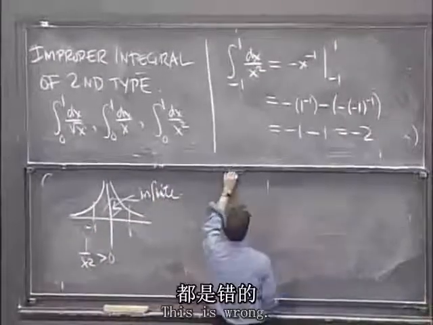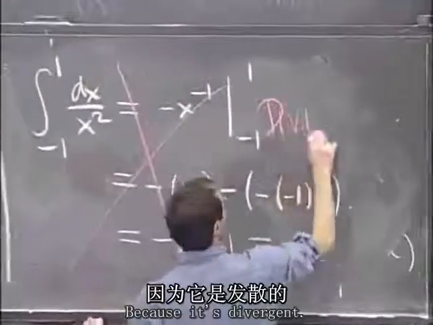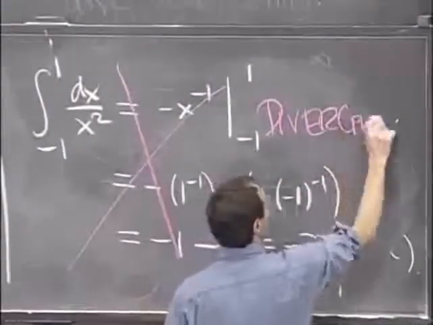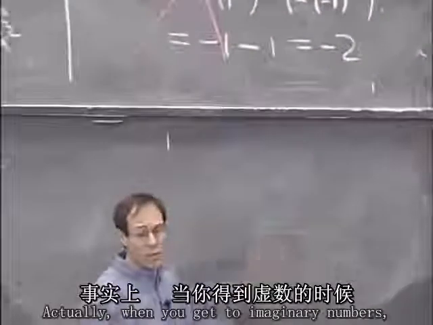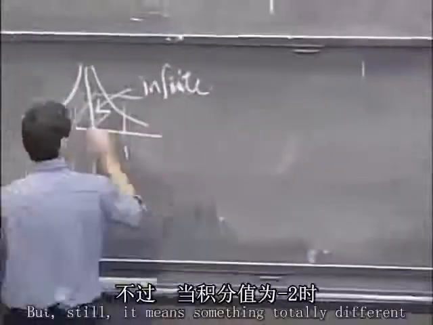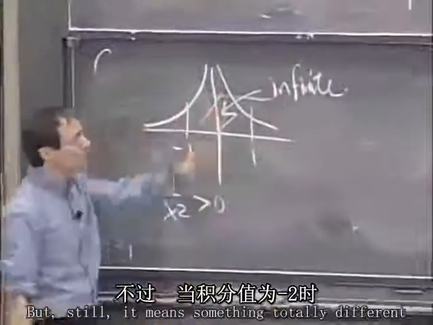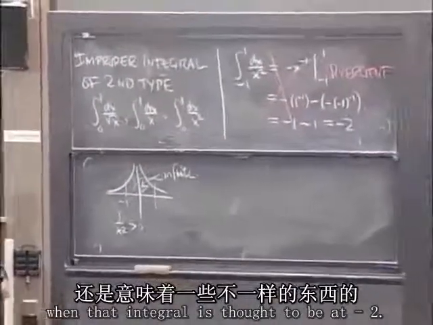This is wrong because it's divergent. Actually, when you get to imaginary numbers, it'll turn out that there's a way of rescuing it, but still it means something totally different when that integral is thought to be -2.